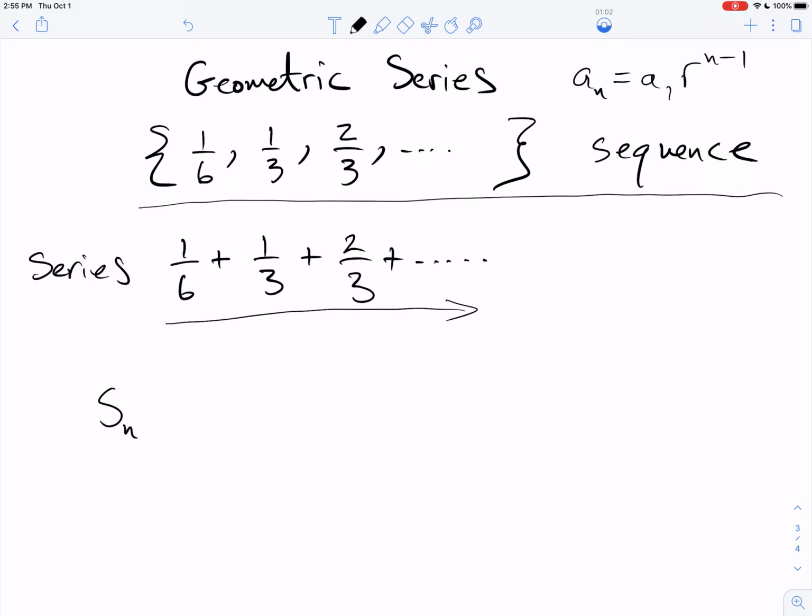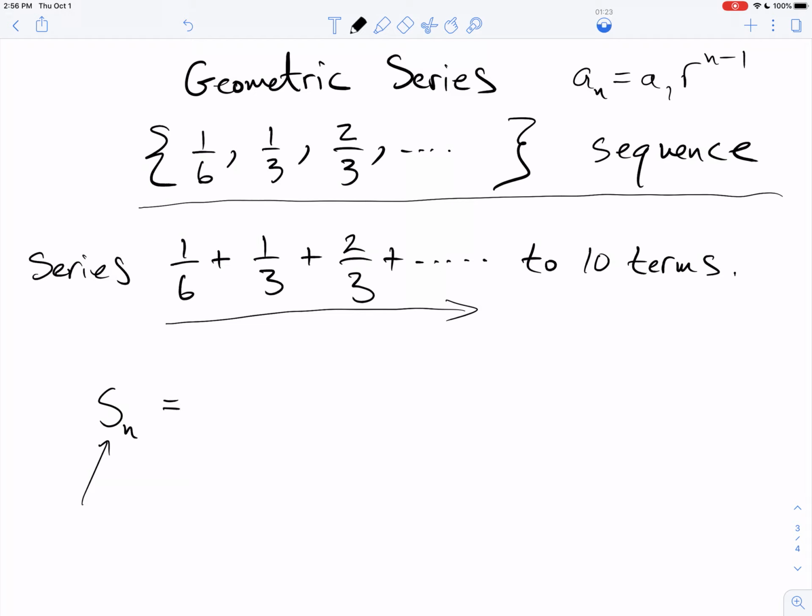So once again, on this practice sheet, they're going to give you something that looks like that and then say to add 10 terms. All right, so we already know this type of notation. This is reserved for series.